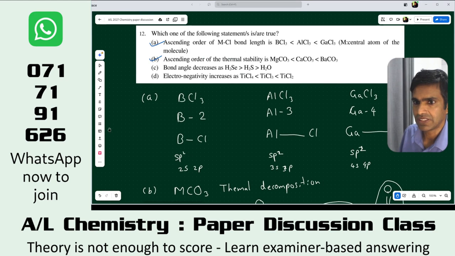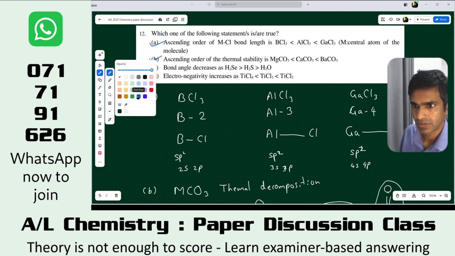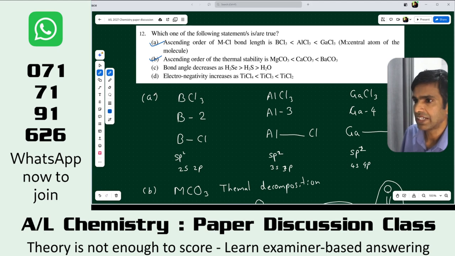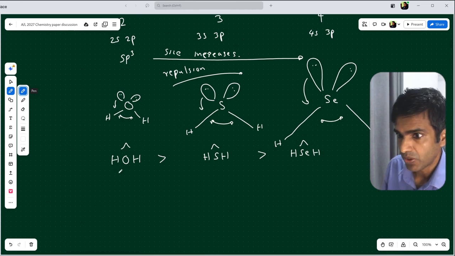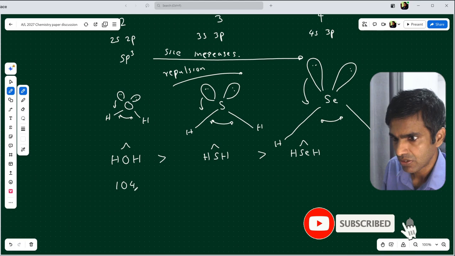Let's check the given statement. The bond angle decreases as H2Se, H2S, H2O. That is incorrect. Bond angle increases in that order. Bond angle in water molecule is about 104 degrees.